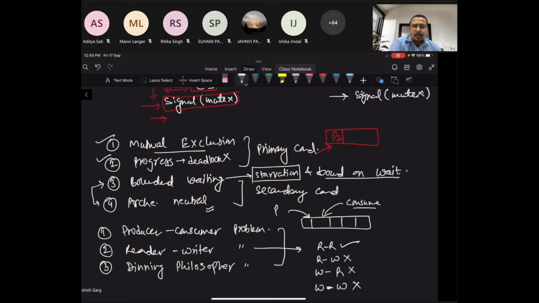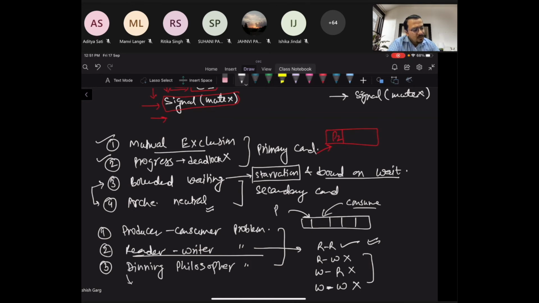Otherwise one will write something, another will write something, and one of the two updates will be lost. So these three things are not allowed, and the first one is allowed. They read and write from the same file, that's why it is a synchronization problem.